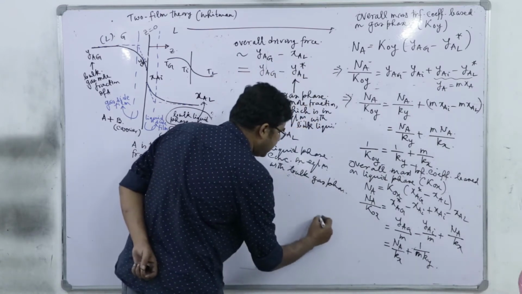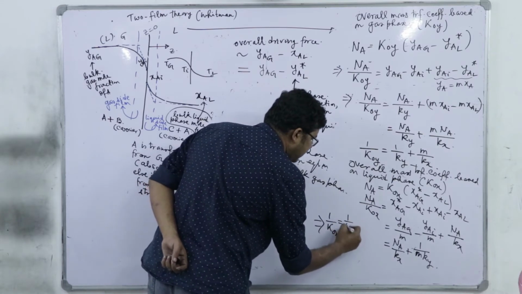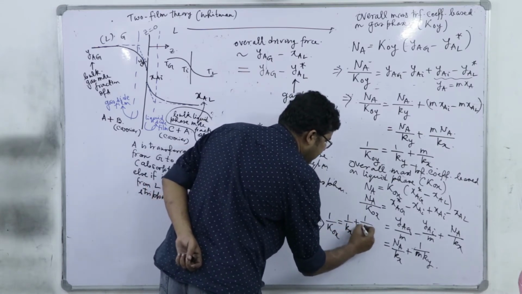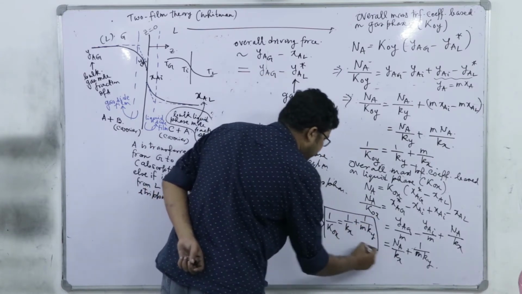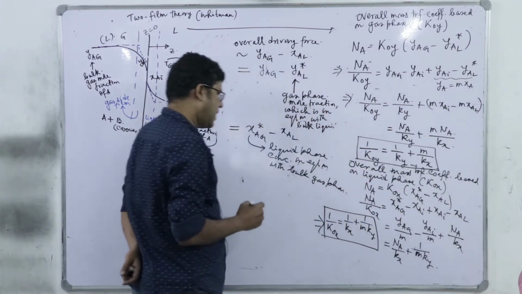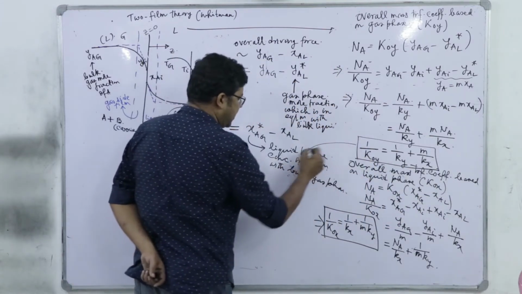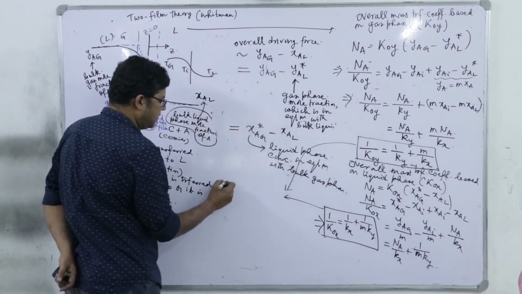So, naturally, we have 1 divided by kox is equal to 1 by kx plus 1 by m into ky. So, this is another relation based on this liquid phase, and this is for the gas phase. And from these two relations, we can get the idea of electrical network like resistance in series.